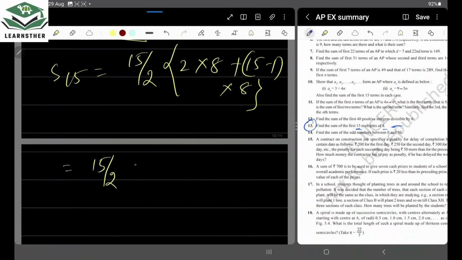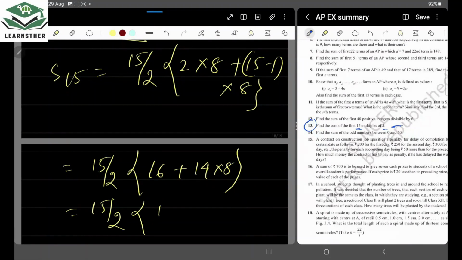So this will become 15 by 2, 16, 15 minus 1 is your 14 into 8. 15 by 2, 16 plus 112.